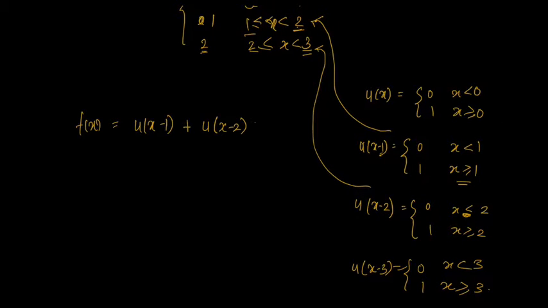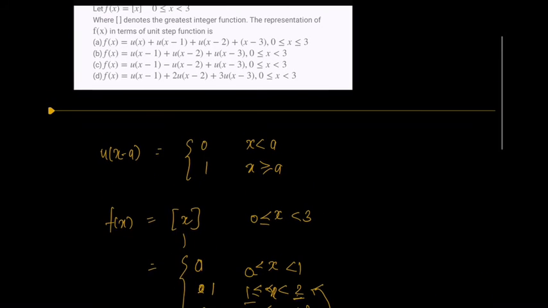So we can directly add u of x minus 3 here, and it will not change our result, since our region of x is between 0 and 3. So this will be 1 between 2 and 3, it will be 1 between 1 and 2, and it will be 0 between 0 and 1. So that is our answer, which matches option B.